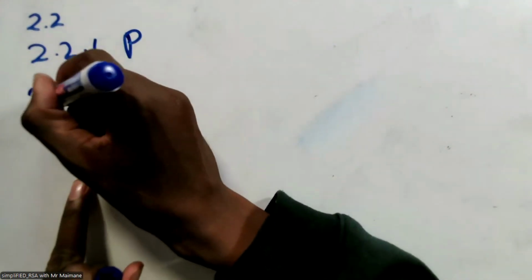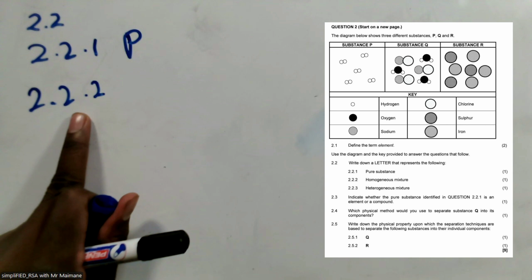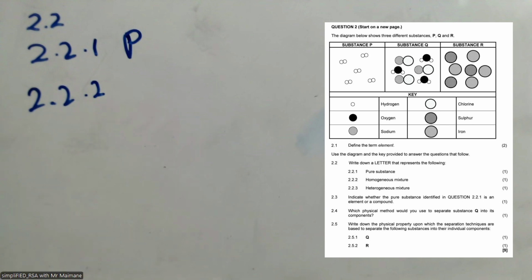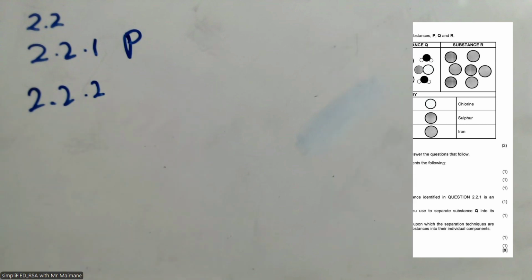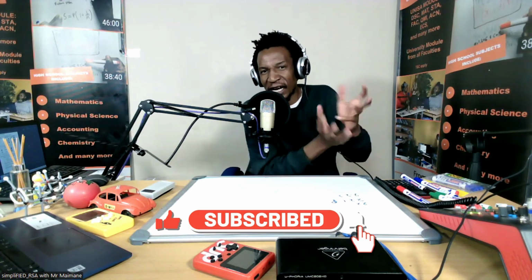Now, 2.2.2, they want us to determine which one of the substances is a homogeneous mixture. Let me pause there and explain something. So far in chemistry, we're going to talk about two types of mixture.